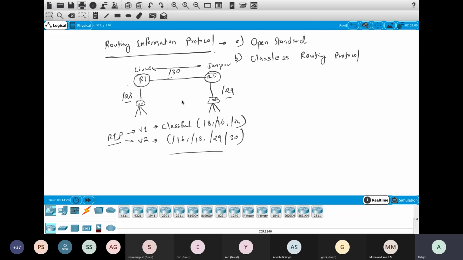Then the third characteristic is that you can advertise your networks based on routing updates, which means that every 30 seconds your router advertises a routing update.